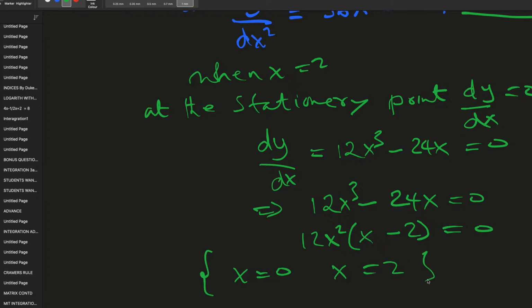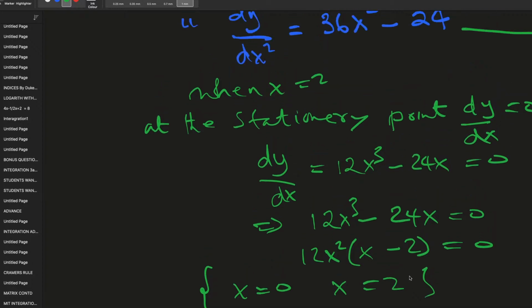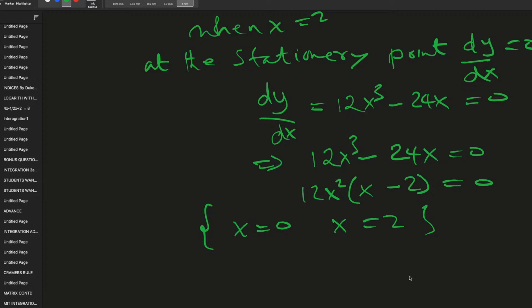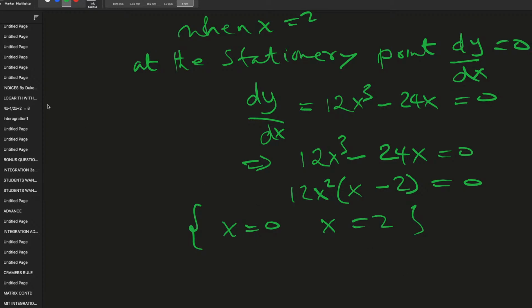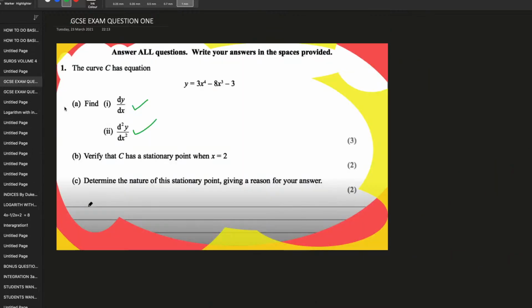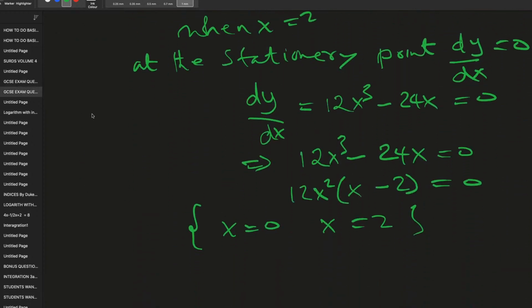satisfies the equation. Okay, that means as the question was asking for, verify the curve has a stationary point when x equals 2. Yes. So this means x equals 2.